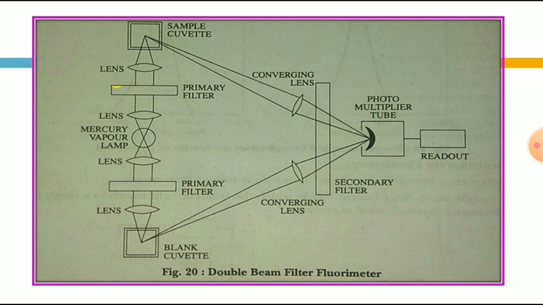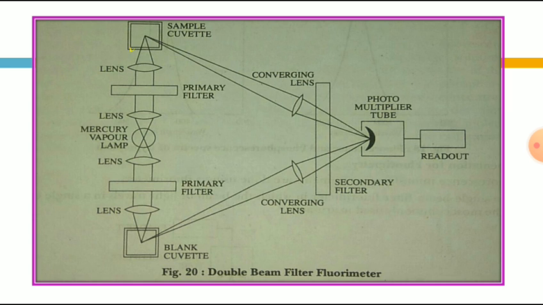In both cases, that means on the blank as well as the sample side, this primary filter will absorb the visible light, and only UV light will pass through the lens and fall on the sample as well as the blank cuvette. On both of these the UV light will fall. Both the sample as well as the blank will absorb that UV light and emit fluorescent radiation.